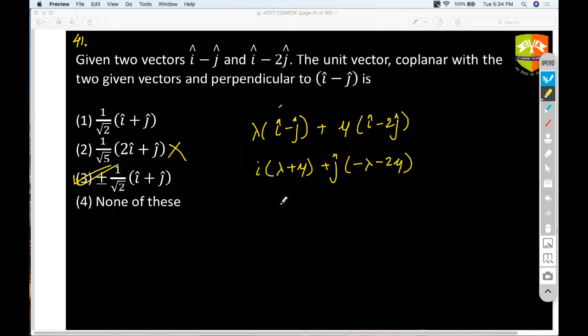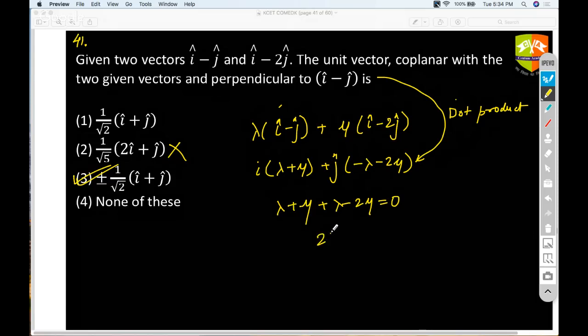First of all, we can use the fact that lambda plus mu plus lambda minus 2 mu will be equal to 0, because the dot product of this with this should give you 0. So that brings you to 2 lambda minus mu equal to 0. Oh, sorry, there's a negative sign here as well.